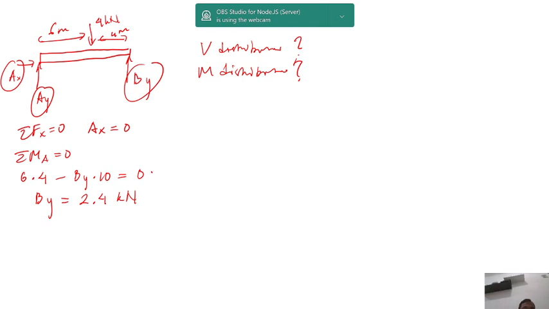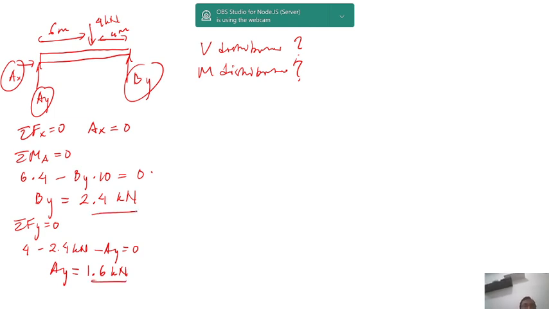Okay, then using sigma Fy equal to 0, what we will have will be 4 kilonewton minus 2.4 kilonewton minus Ay equal to 0. Then we can find that Ay is 1.6 kilonewton.